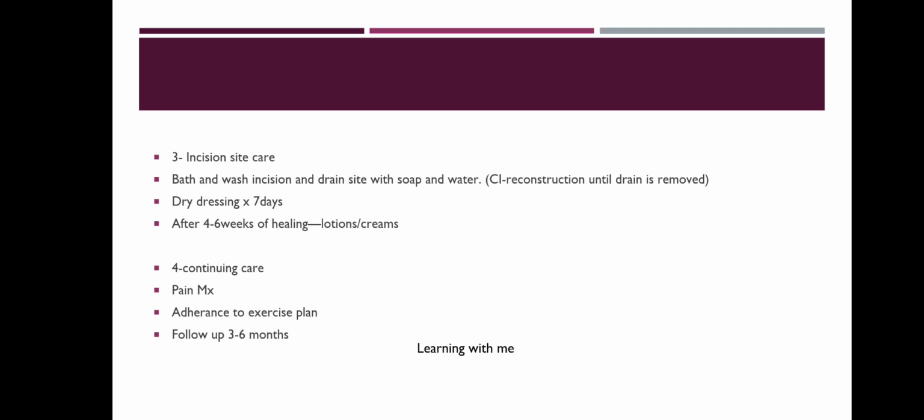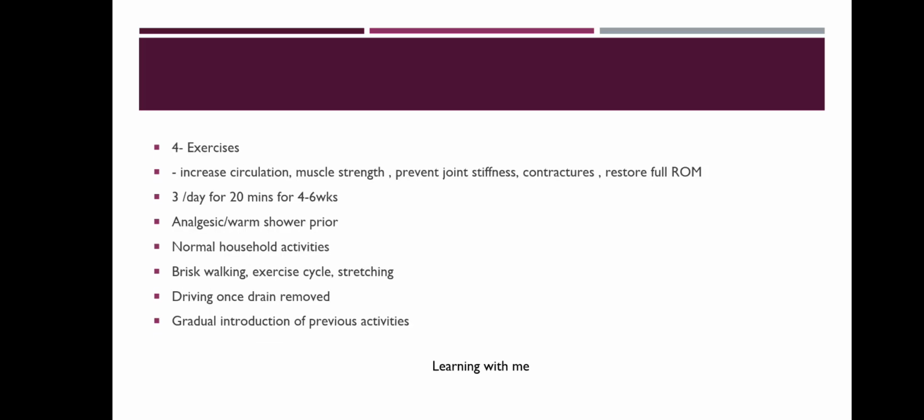Incision site care: bathe and wash the incision and drain site with soap and water. Dry dressing for 7 days, with healing over 4 to 6 weeks. Apply lotion or cream. For continuing care: pain management, adherence to exercise. Follow up in 3 to 6 months.